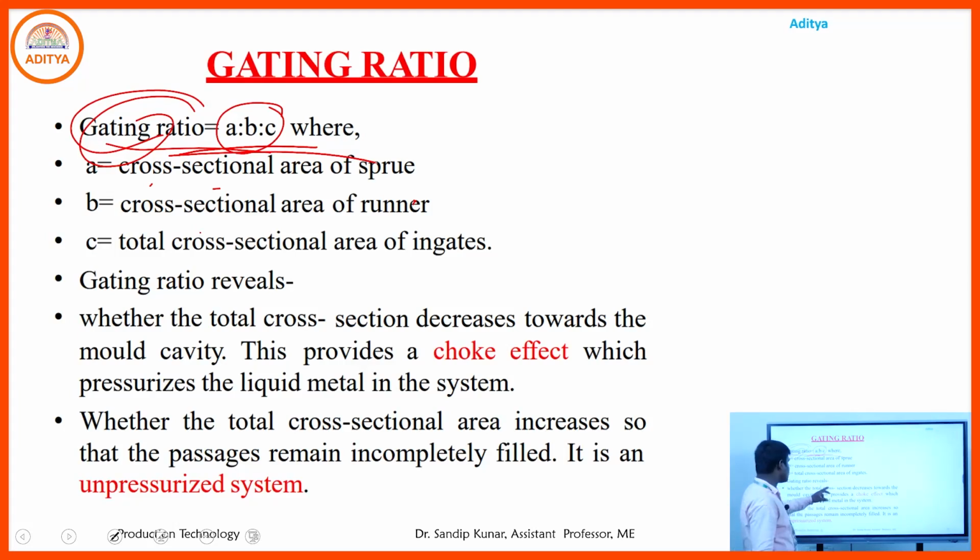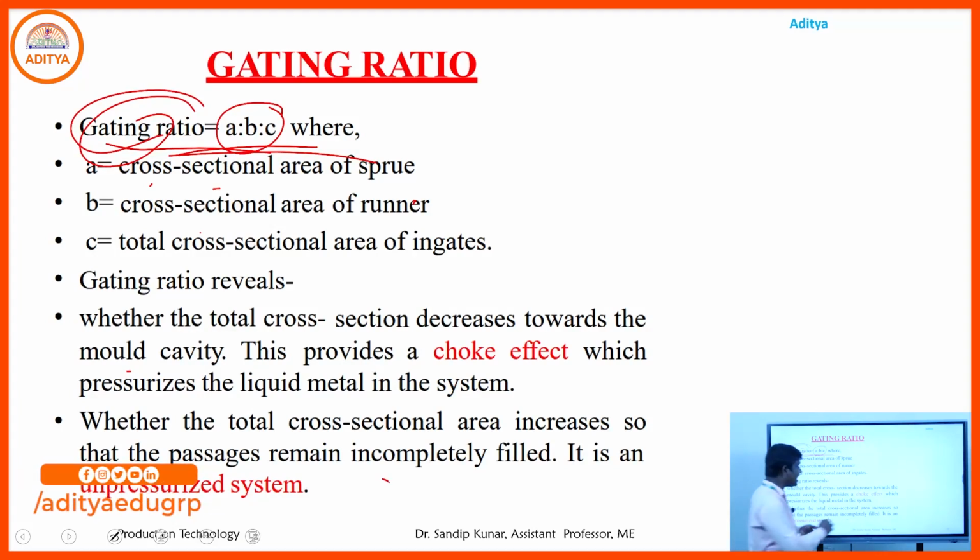So the total cross sectional area decreases towards the mold cavity. This provides a choke effect, which creates the pressurized gating system. If the total cross sectional area increases, you avoid the choke effect, and the passage remains incompletely filled up.